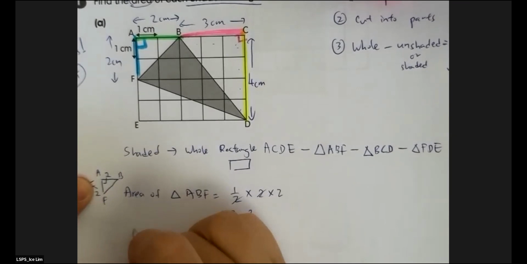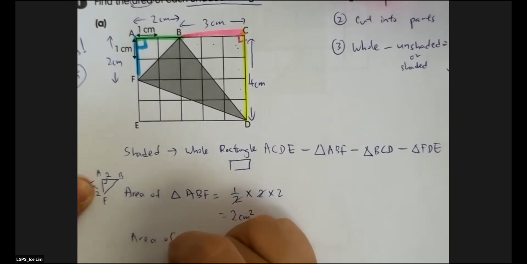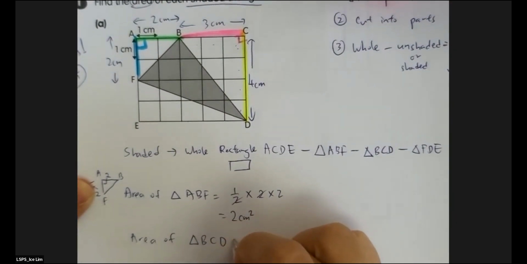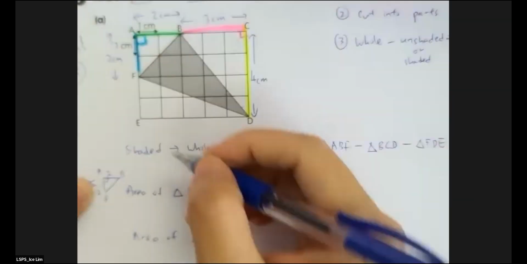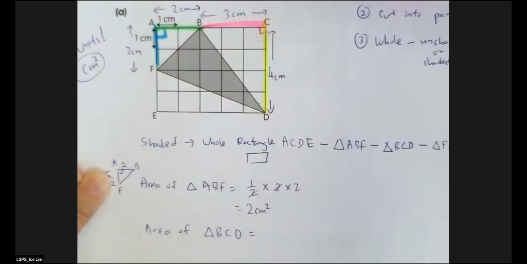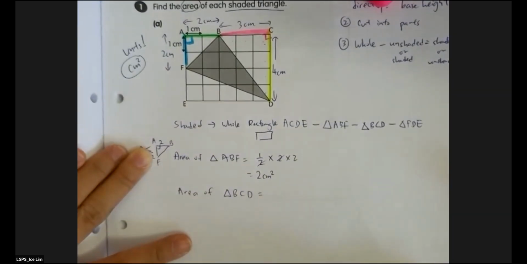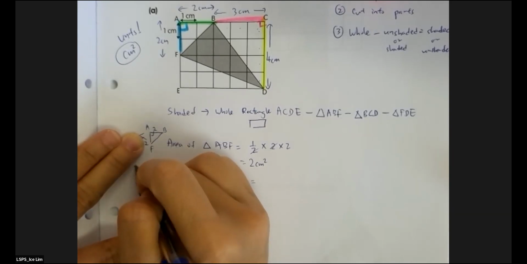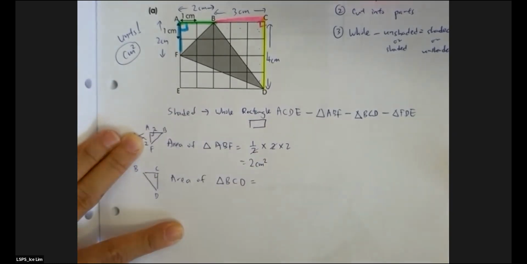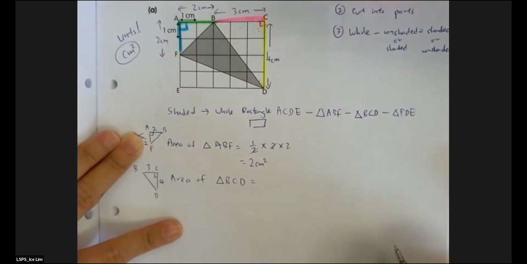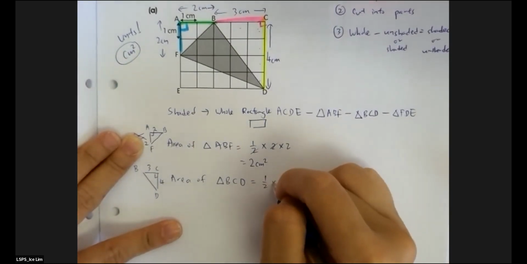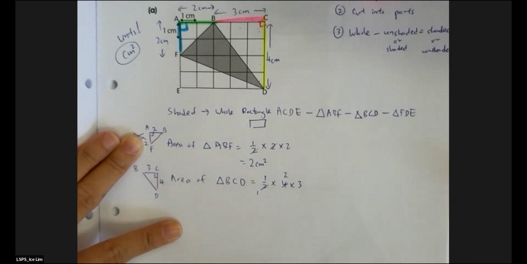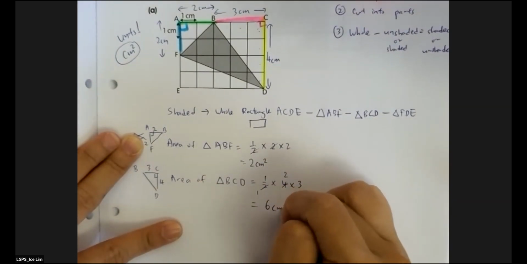So for the next triangle, area of triangle BCD, we are talking about this one here. BCD, like this, is 3 by 4. Half times 4 times 3, cancel, cancel, equals to 2 times 3, that's 6 square centimeter.